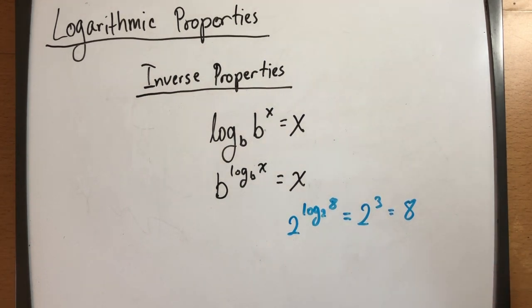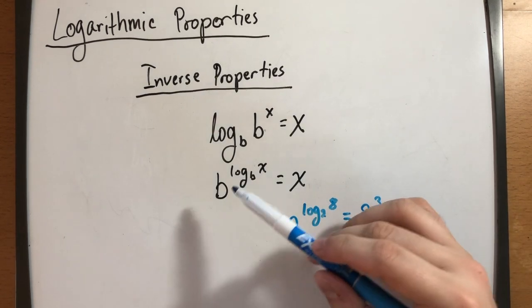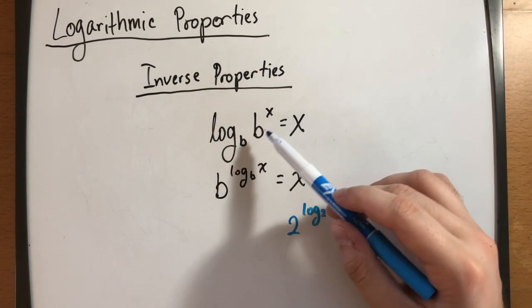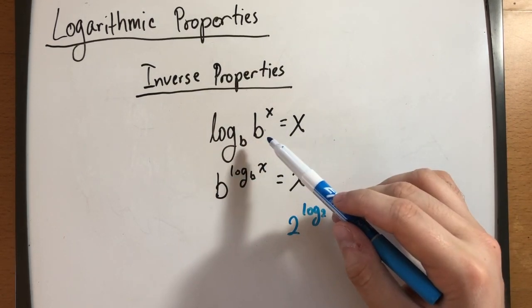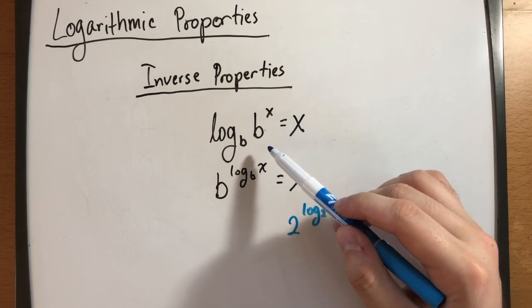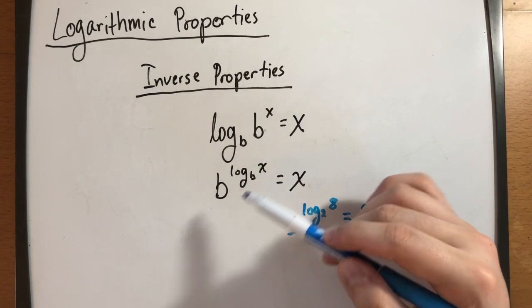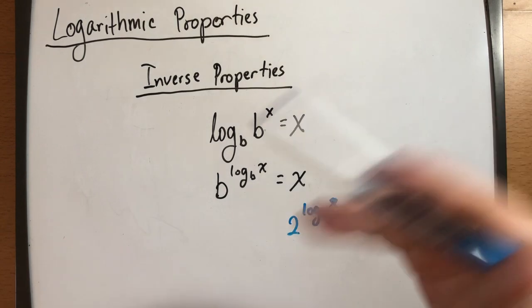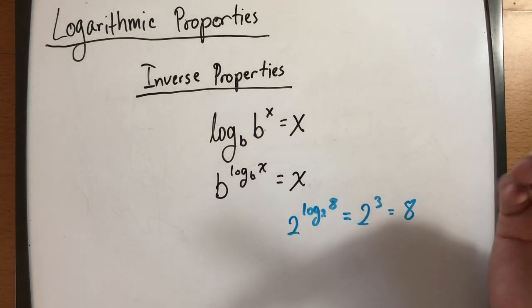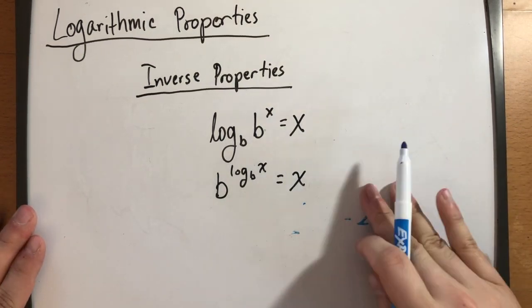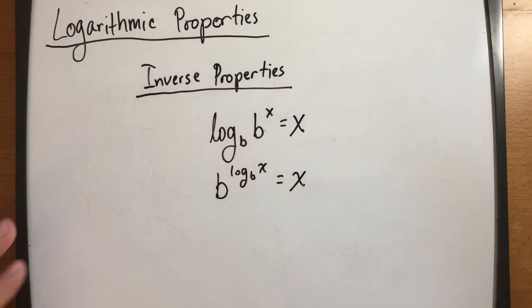They are inverse operations. And that is very important to understand. So if these share the same base and you're plugging in an exponential into a logarithm, or you're plugging in a logarithm into an exponential, and they have the same base, they undo each other. They're inverse operations. Therefore, these two inverse properties exist.